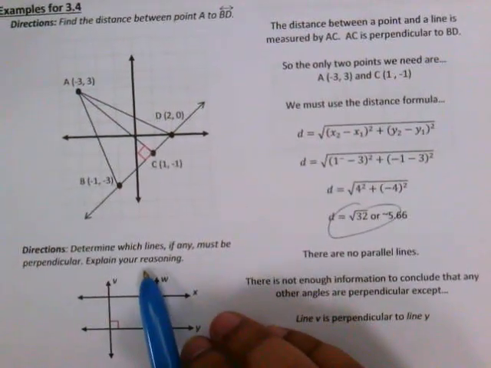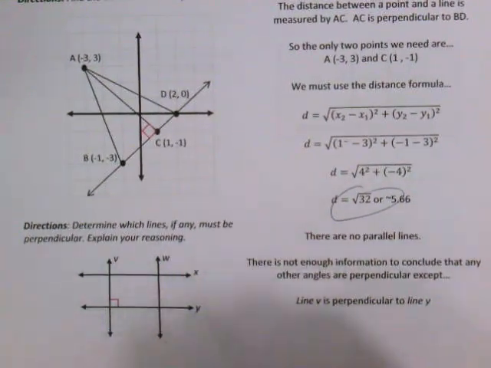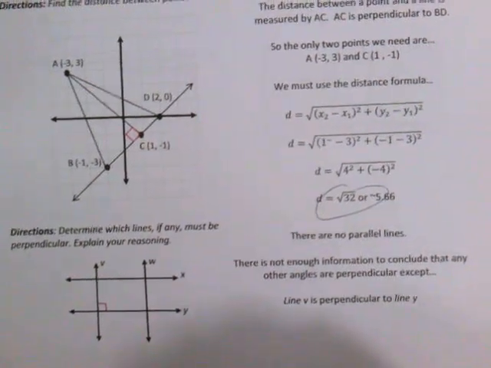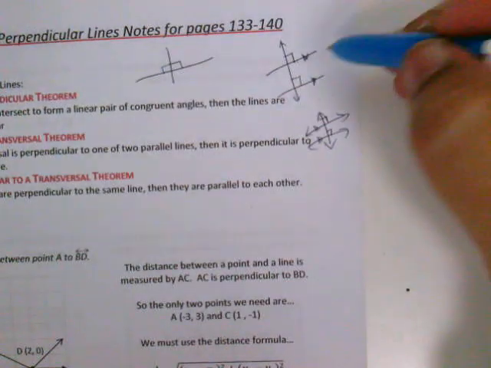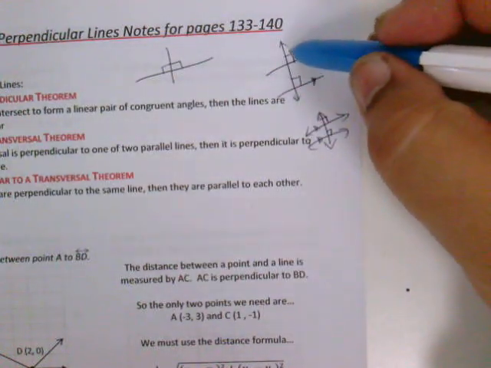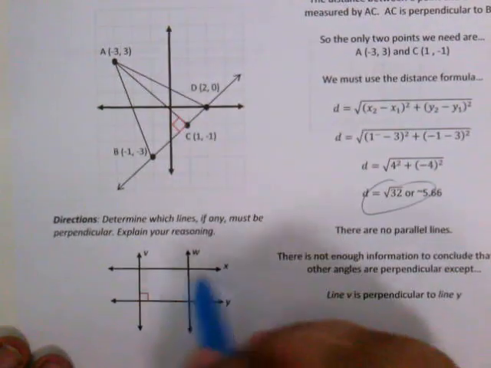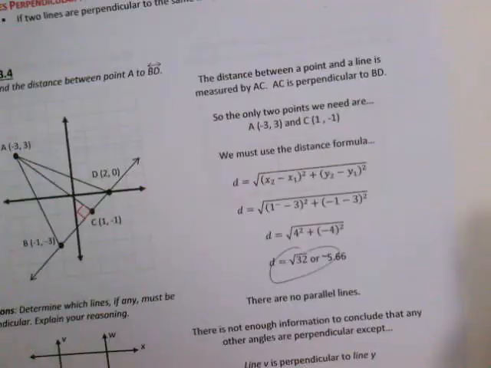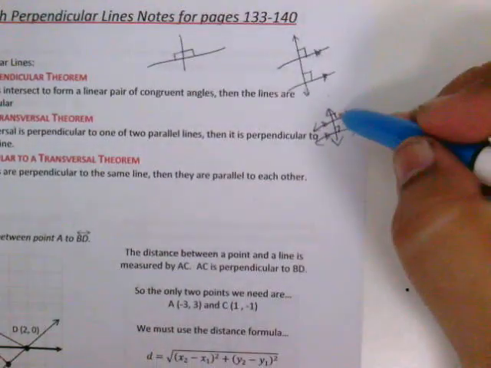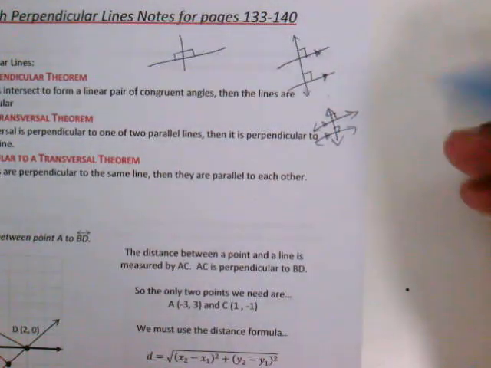Next, determine which lines, if any, must be perpendicular. Okay, well, let's think about what we said over here. If they were parallel, then we would know that they were perpendicular also. We don't have any evidence anything's parallel here. Now, if two things were perpendicular, then we would know they're parallel.